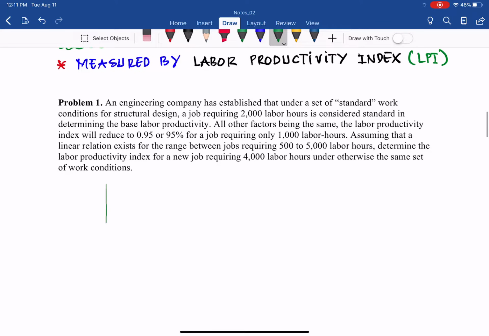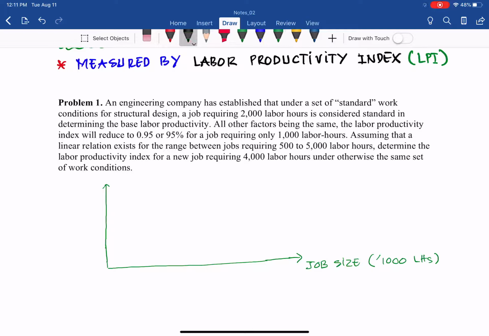We have the graph here, which is simple. The first axis is the job size, and in this case it is measured in 1,000 labor hours, ranging from 500 to 5,000.